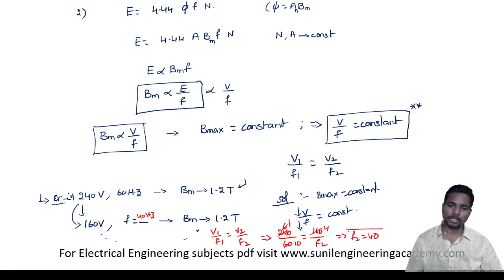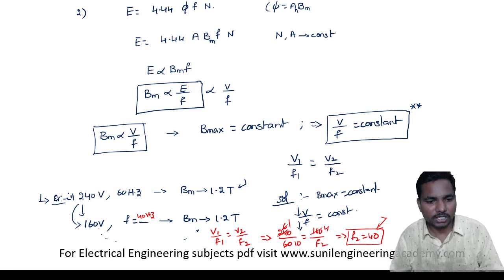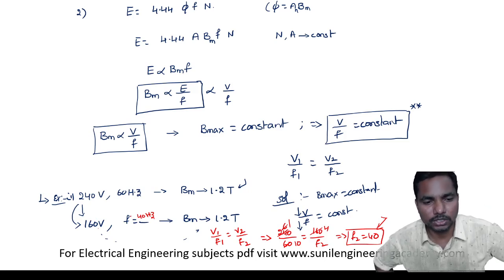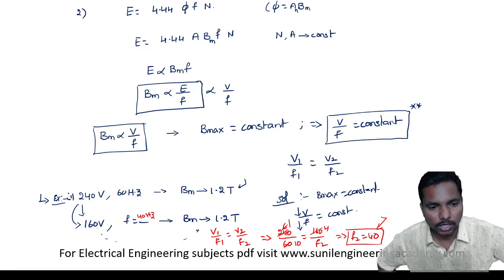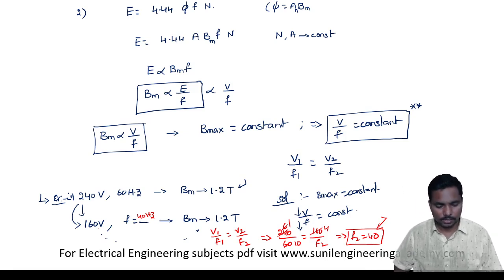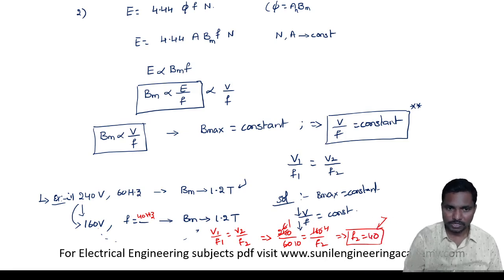So you can calculate in your traditional way, or otherwise you can go with logic. V by F is constant means if you reduce the voltage in the same proportion, frequency also reduces. So like that you can calculate the problems in an easy manner. All of you clear? And some more observations let us take from that.